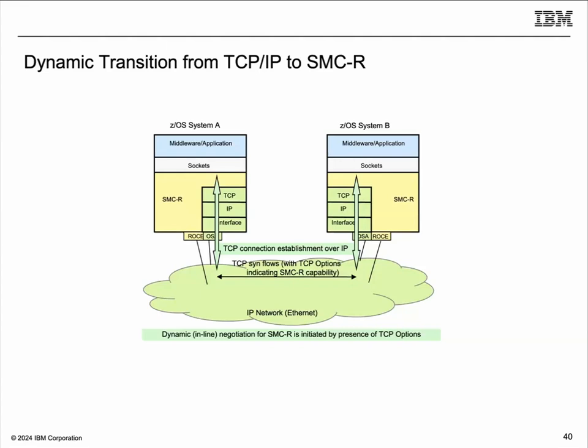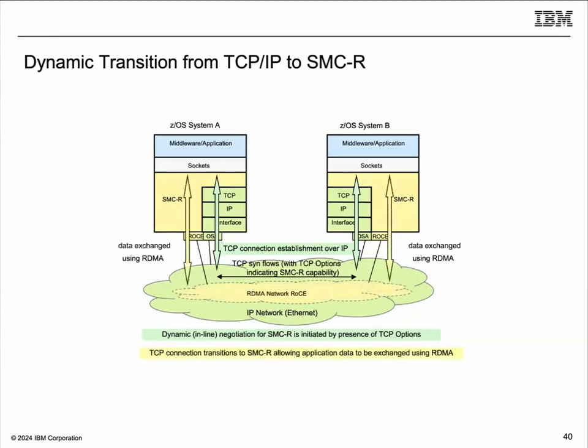If they are both capable of supporting SMC, which is the shared memory communication protocol, we will transparently switch to start using SMC-R verbs directly, using that new network interface card that supports this RDMA capability. From a socket application standpoint, they're still doing TCP sends and reads, but under the covers, we're converting those to these RDMA verbs that allow us to take advantage of the network interface reading and writing directly into host memory.